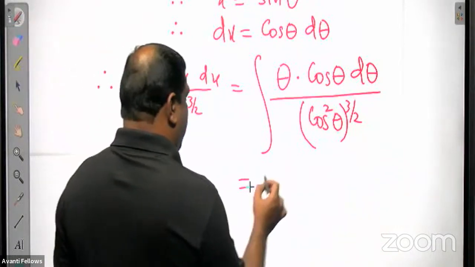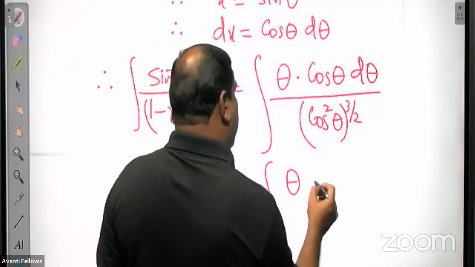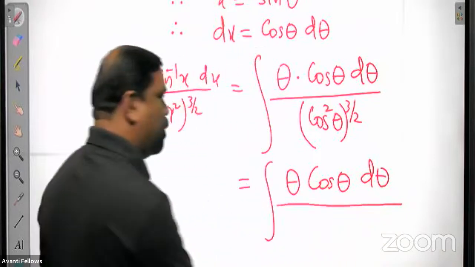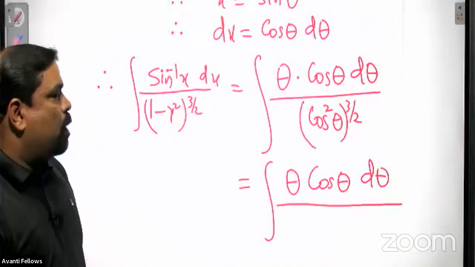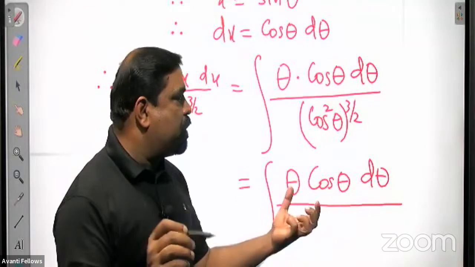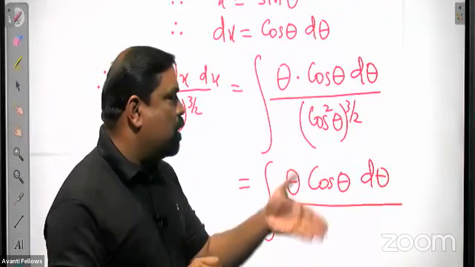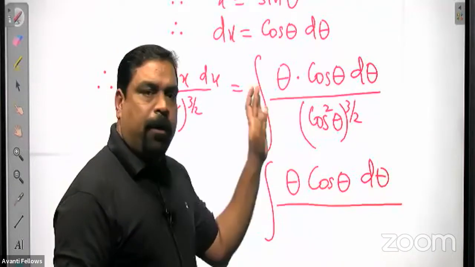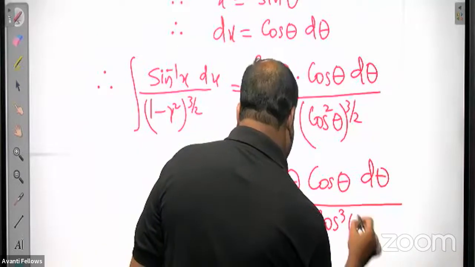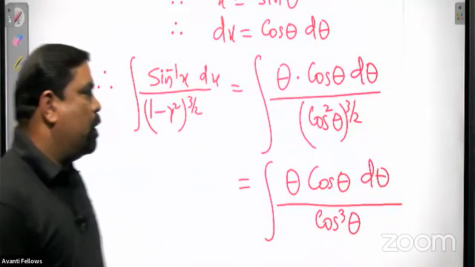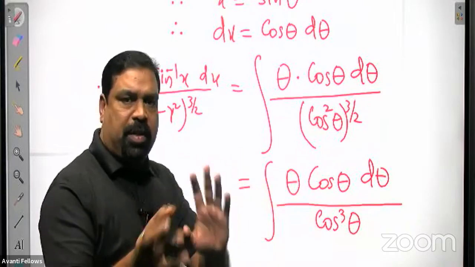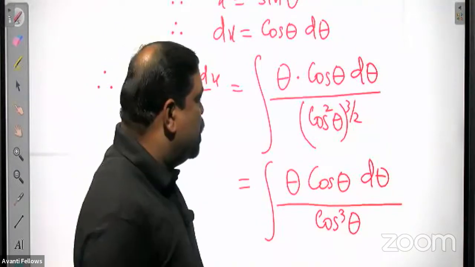So simplify. This is equal to theta into cos theta d theta upon cos square theta raised to 3 by 2. What is the value? Cos square raised to 3 by 2. So square will vanish, no? So remaining is cos cube theta.